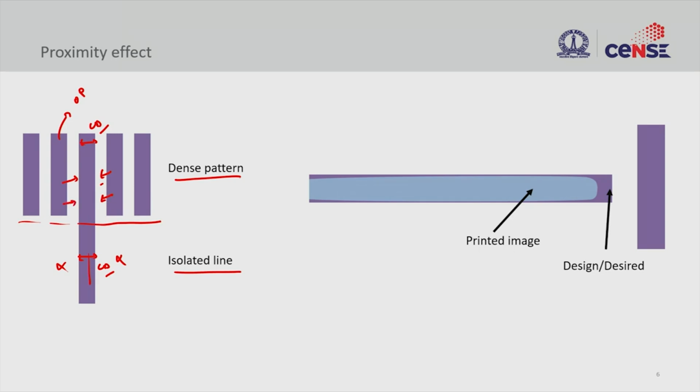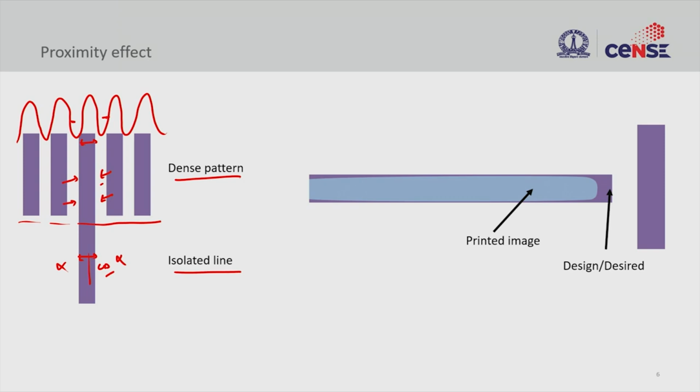If I draw the aerial image on top, it will be better for you to understand. On the surface of the photoresist, you will find an image like this. This is what the intensity pattern is going to look like. As you can see here, you are very close to this edge.